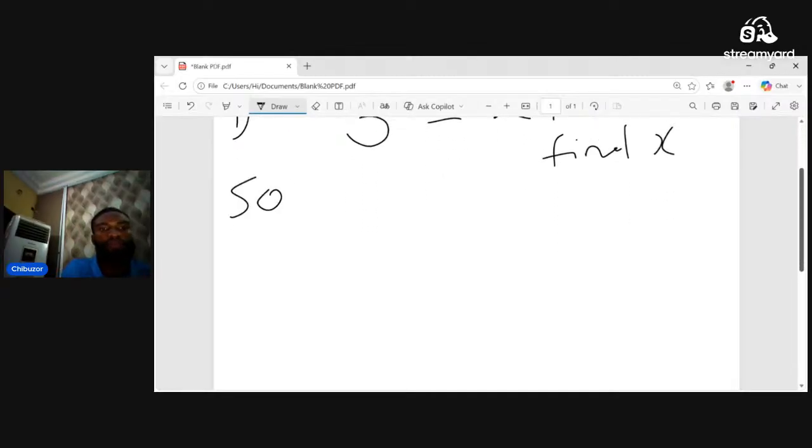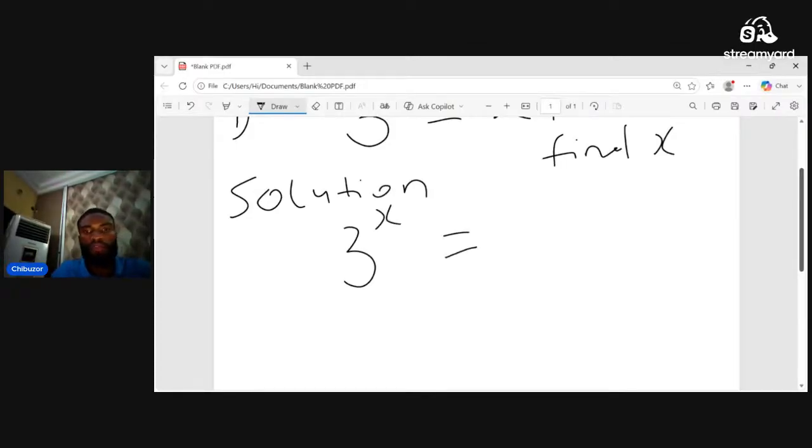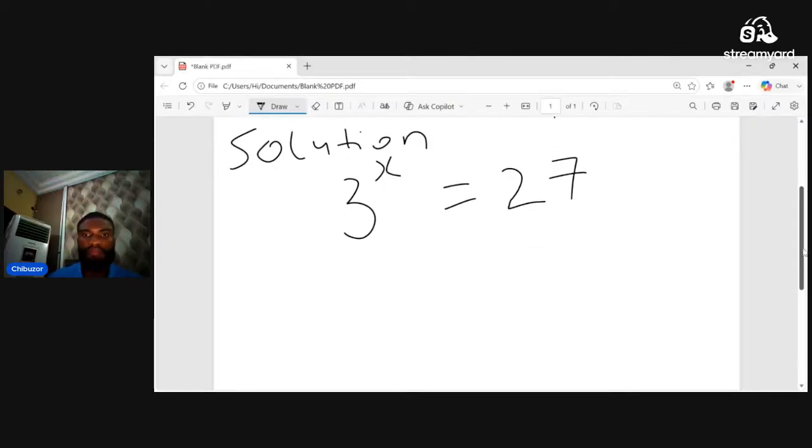Solution. 3 raised to power x is equal to 27. To find this, you have to make the bases equal by finding the common base of the both. So the common base of the both will have to be 3. Since this 3 is already here, you have to find what will be raised on 3 to give you 27.